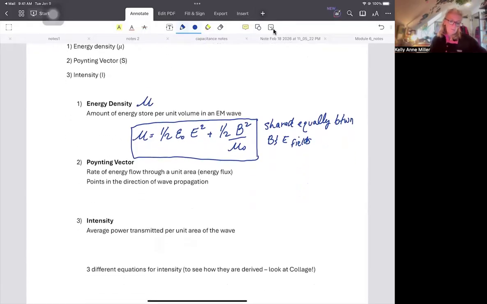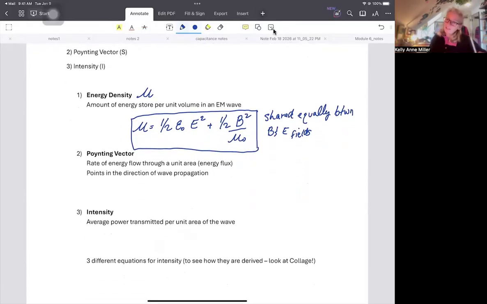Now let's talk about the Poynting vector. The Poynting vector is the rate of energy flow through a unit area. It's analogous to flux from an energy perspective. It always points in the direction of wave propagation.